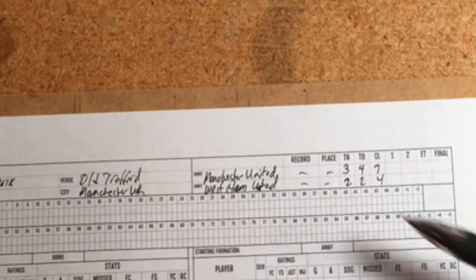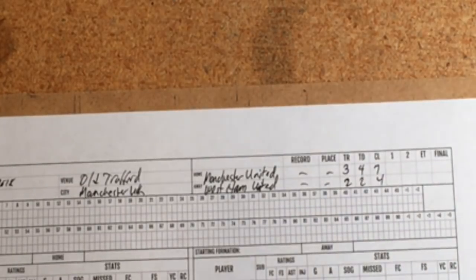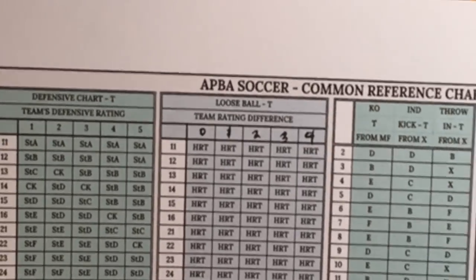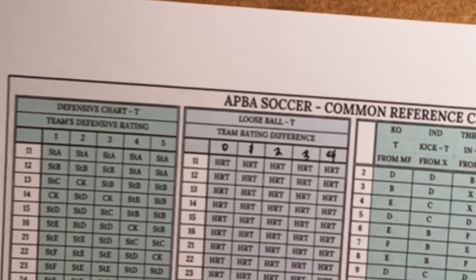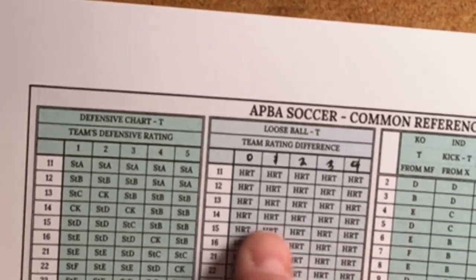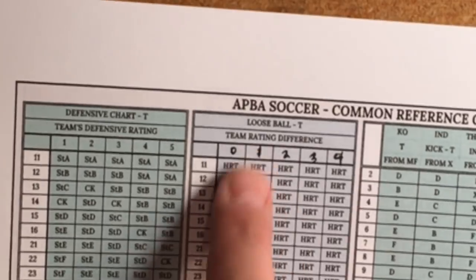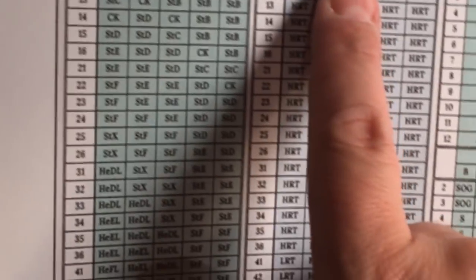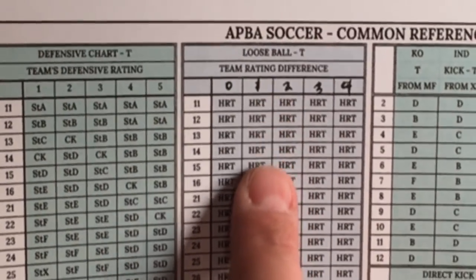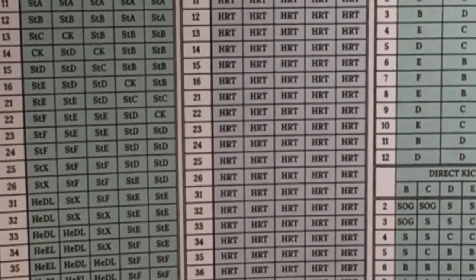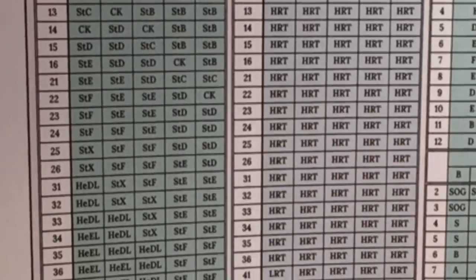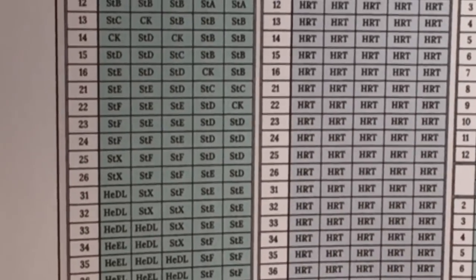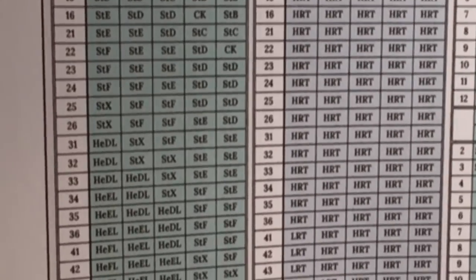The higher the difference in the team rating, and what I can show you here is I have an adapted chart from the big book, which is huge and a little cumbersome, but I've kind of boiled it down into one page for me. So in this case, we would use column 1 where the difference is 1, and then based on the rolls here, the higher rated team in this case would get an extra 3 from when there's no difference.